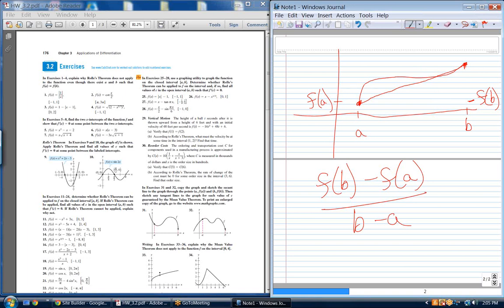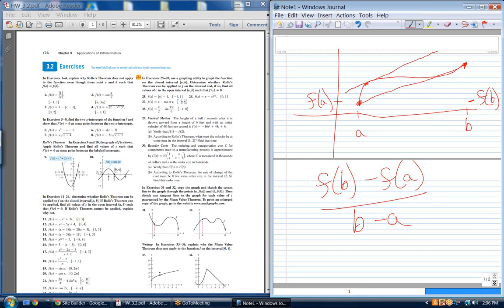In other words, if I look right about there, I can see that the tangent to that function is parallel to that average change. And that's what the mean value theorem says.